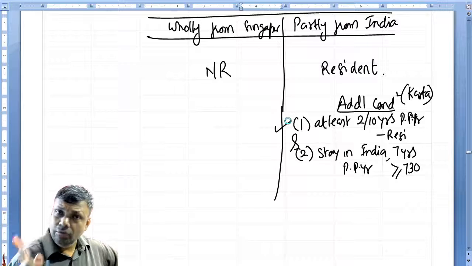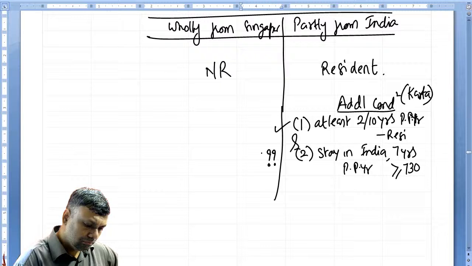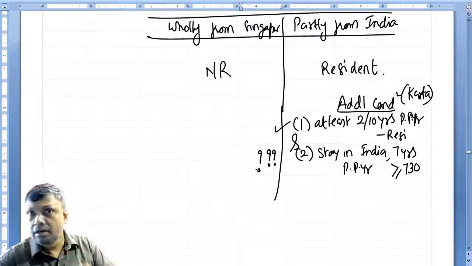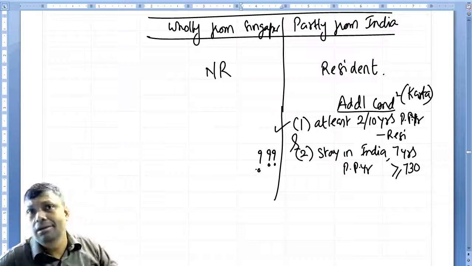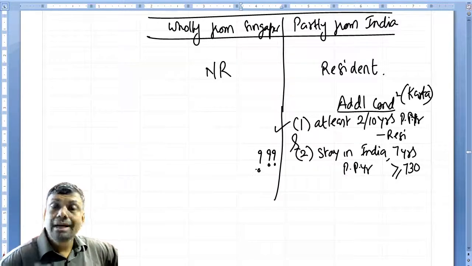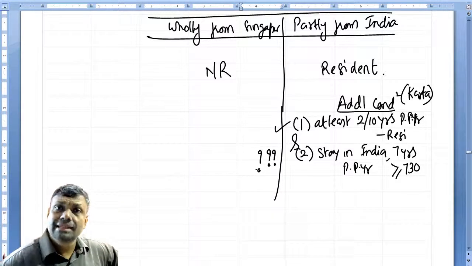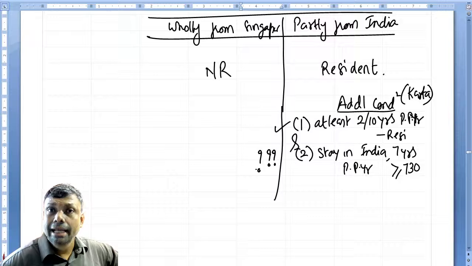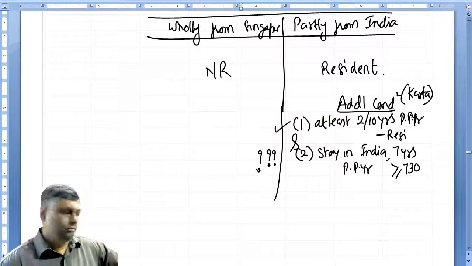But the data of stay of 7 years of the Karta is not given to us in the question at all. How many days the Karta has stayed during the last 7 years, that input is not given to me at all.